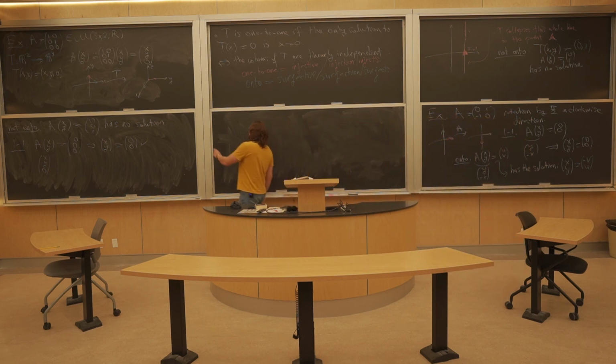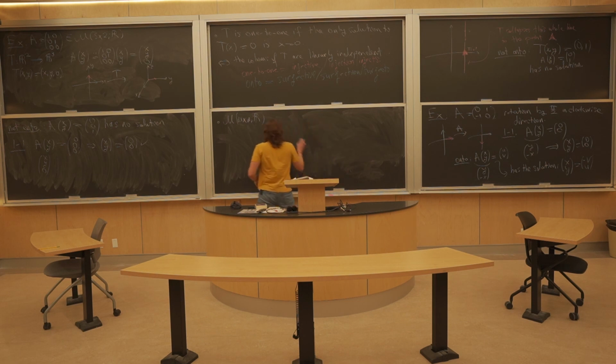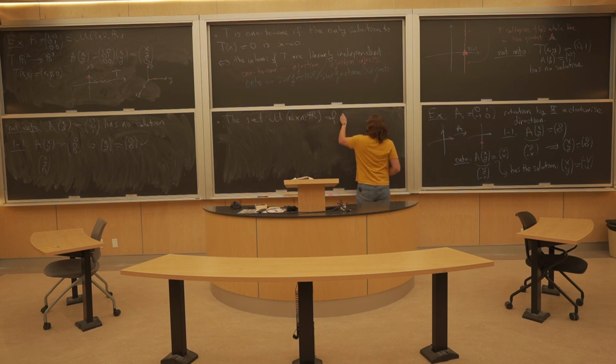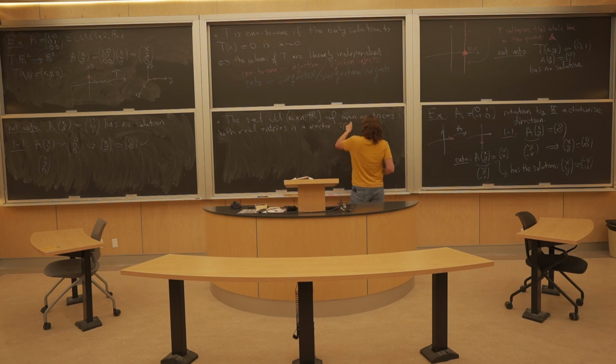That is to say, the set that we introduced last week, the set M of m by n matrices with real entries, is a vector space.